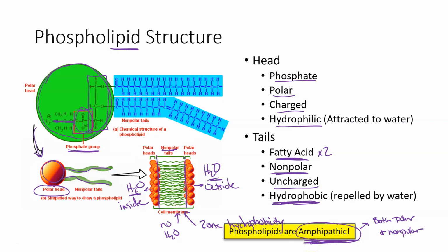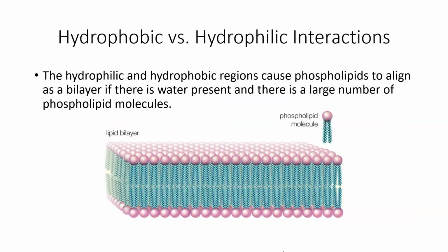Phospholipids are unique because they have both polar and nonpolar regions. That makes them amphipathic. And so because they are amphipathic, they can orient themselves and always do orient themselves into this bilayer, which can be seen here. This lipid bilayer, when we expand it out with more and more phospholipids, you start to see that it really does create this sheet effect.